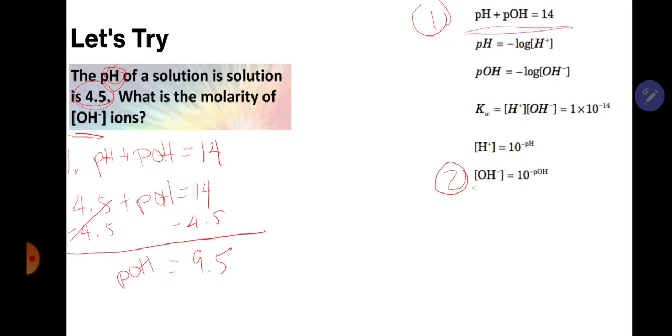So then now we can plug it into here because I have the pOH. So my molarity, or my concentration of OH ions, is 10 to the negative 9.5.